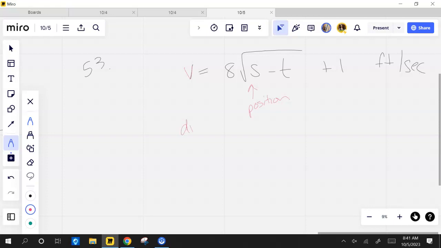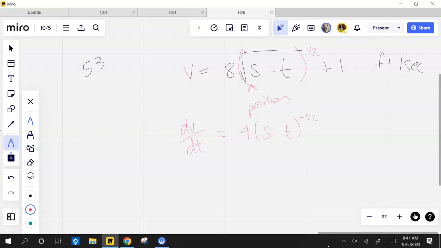The derivative of velocity with respect to time is going to be, I'm going to make this, okay, 4, because 1/2 times 8, s minus t. Now remember, s is a function here, okay?